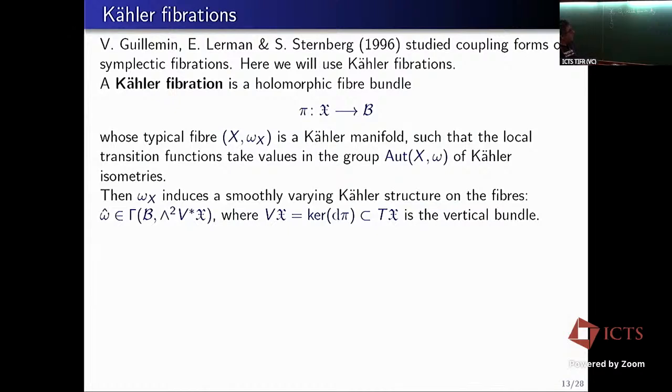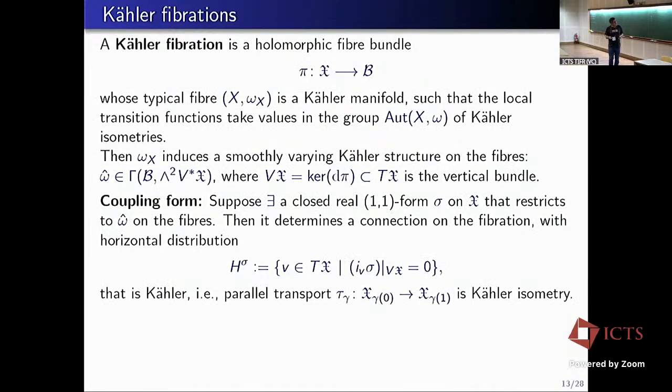So Lerman and Sternberg introduced the notion of a coupling form, which is a closed real two-form on the total space that restricts to the given fiber-wise Kähler form on each fiber. And it defines an Ehresmann connection on this fiber bundle, given by that, and it's a scalar in some sense.